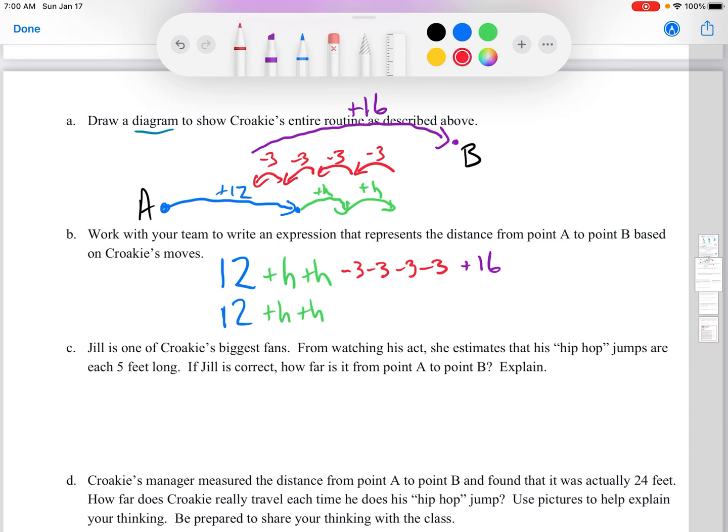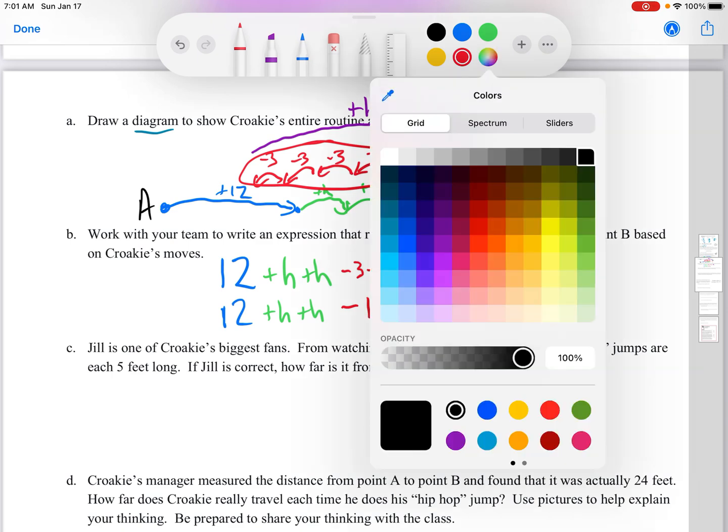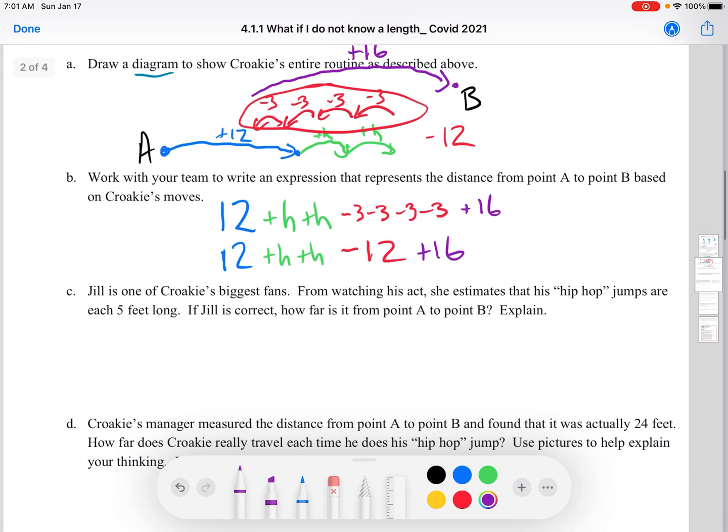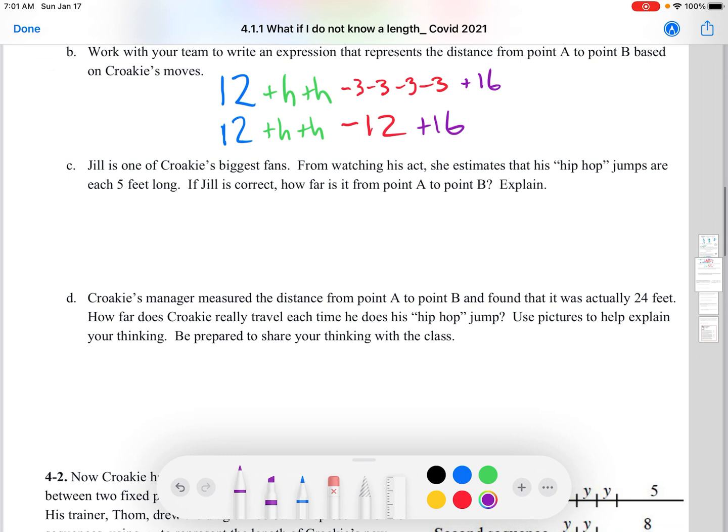When I subtract 3, subtract 3, subtract 3, subtract 3, I'm moving how far to the left, right? How far to the left am I really moving? This whole thing is a -12 to the left, right? So I can do a -12, and then I can do my plus 16 here at the end. Now, let's leave it at that for today, okay? Notice we just simplified it a little bit.